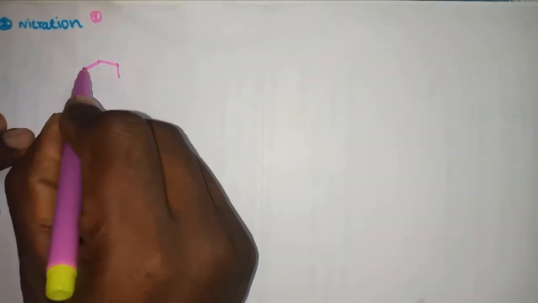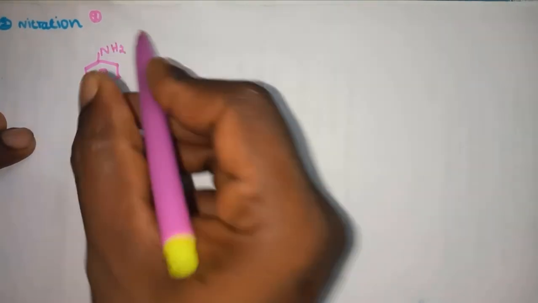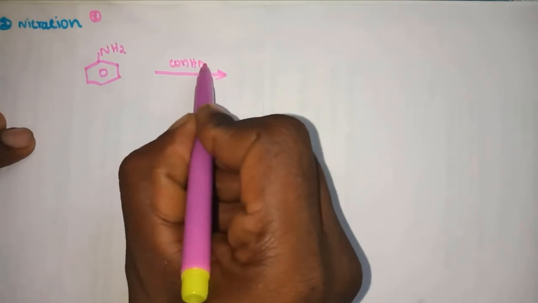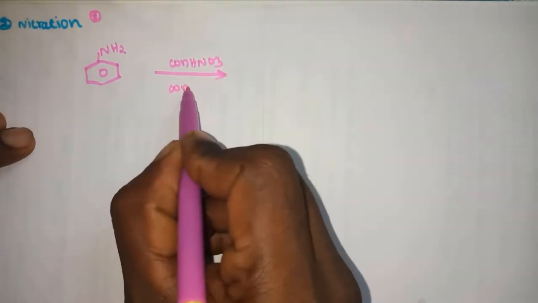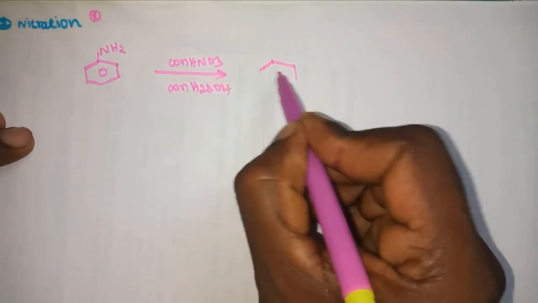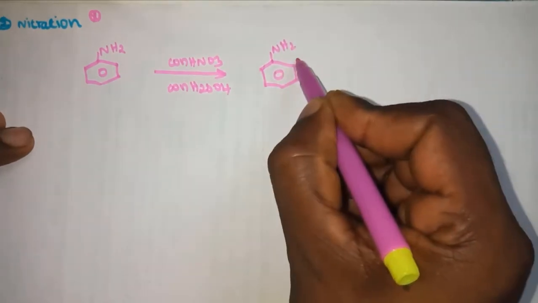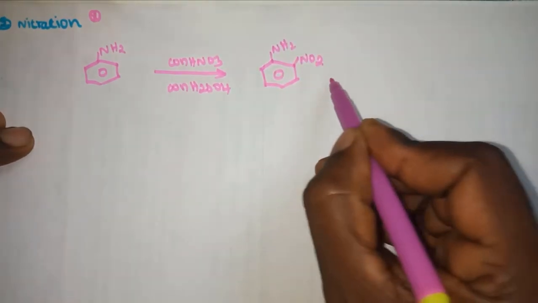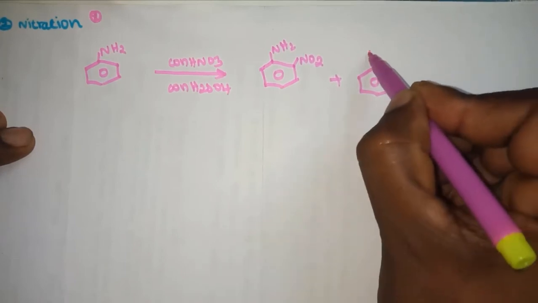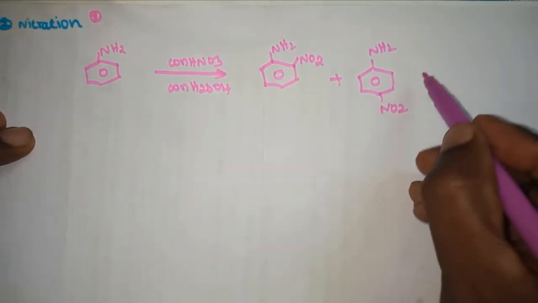Direct nitration of aniline. This is NH2. Aniline reacts with nitrating agent like concentrated HNO3 and concentrated H2SO4 to form ortho-nitroaniline and para-nitroaniline.